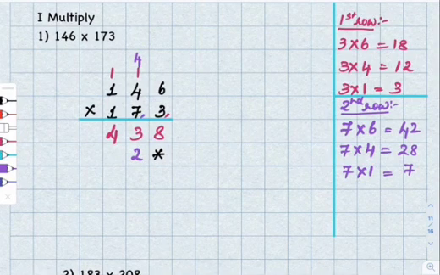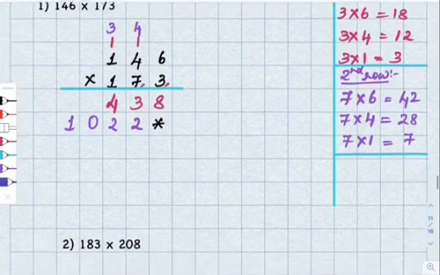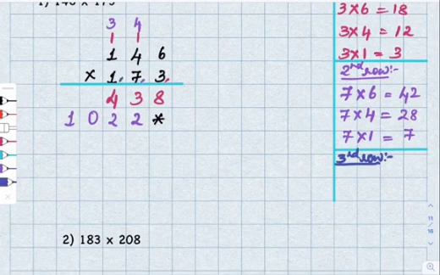Then 7 4s are 28 plus 4 is 32, 2 at the bottom, 3 goes on top. 7 1s are 7 plus 3 is 10. Clear children?